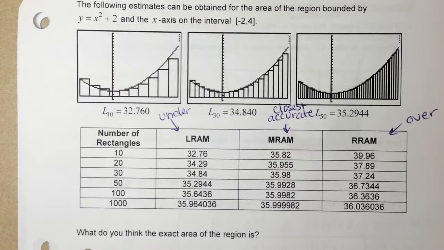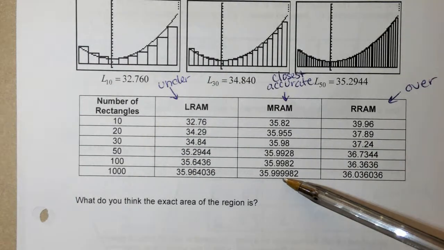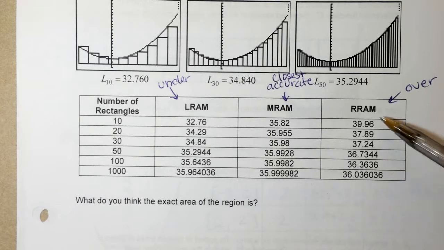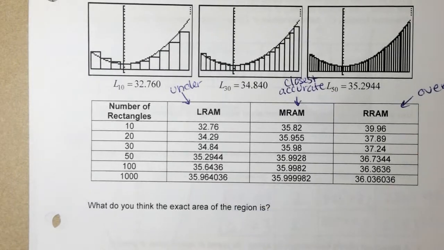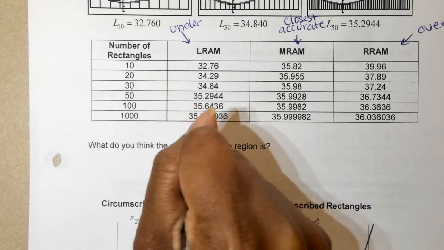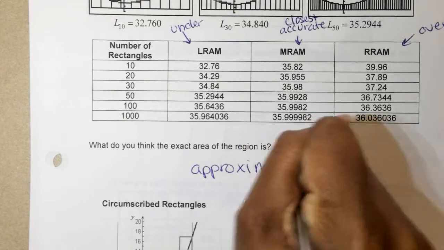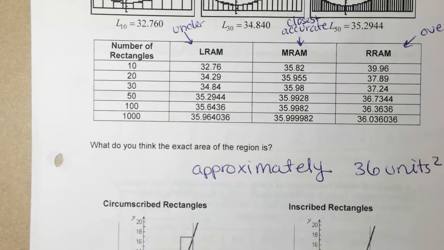So if we wanted to think of the exact area of the region, then we'd look to see, looking at that middle Riemann sum, we know that it is approximately 36, right? The right is going to be over just a bit. The left is going to be under just a bit. So we can estimate that the exact area of the region is going to be approximately 36 units squared.